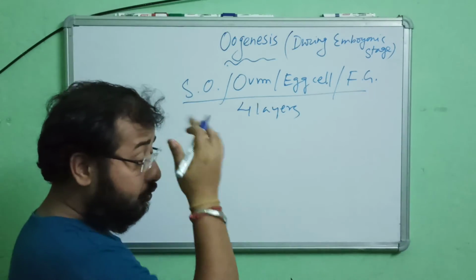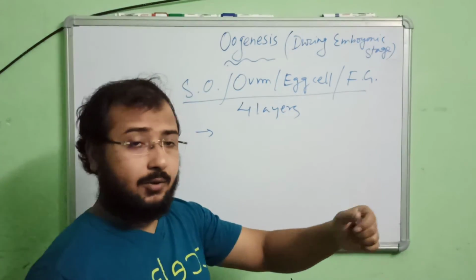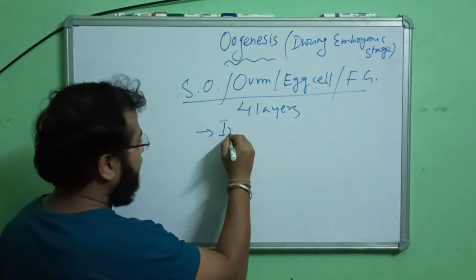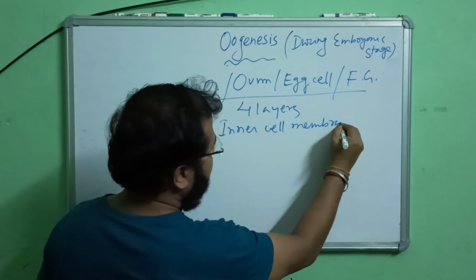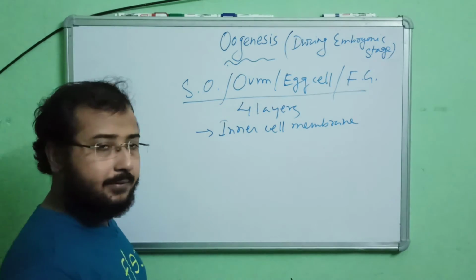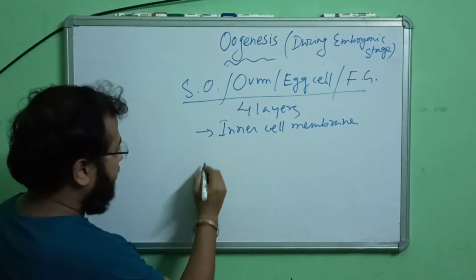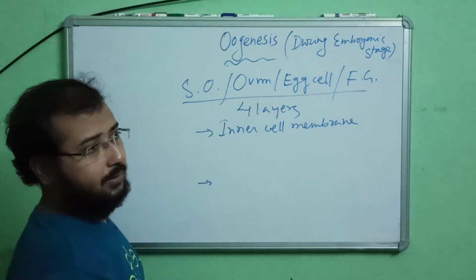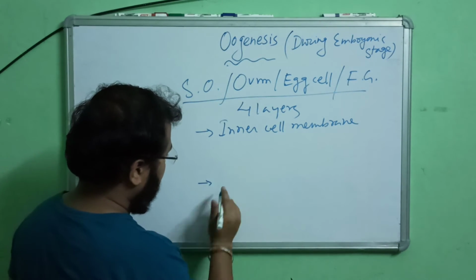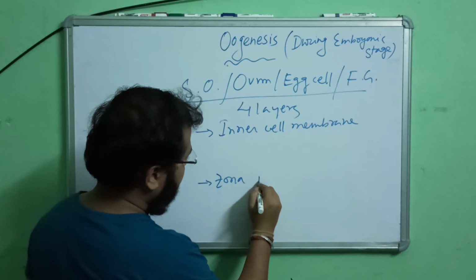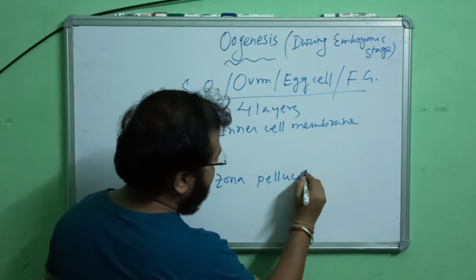Number 1, if I look from inside to outside of the egg, first we see the inner cell membrane. Third one is the zona pellucida.